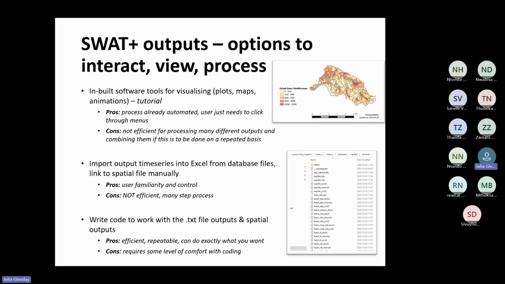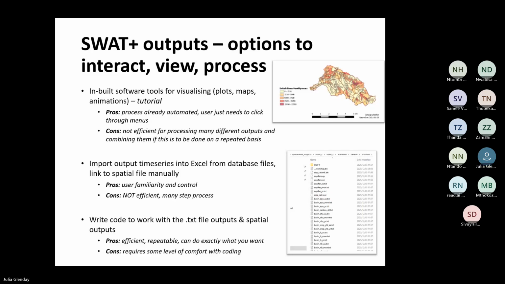You can assign results values to your shape files and make maps, and you can make graphs with these visualization tools, and you can also make animations, which is quite cool, where it shows you how things change over time by landscape unit or by subcatchment, etc.